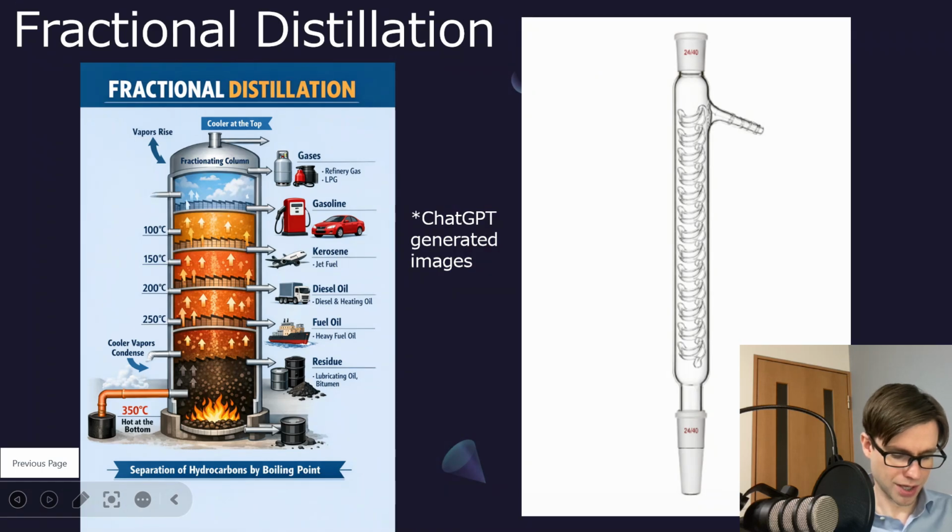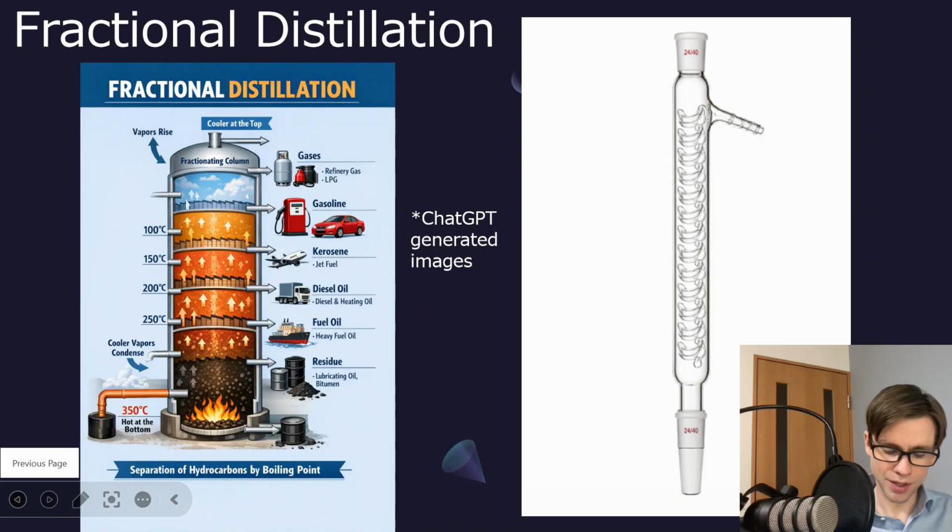Now, building this giant kind of contraption in every lab, like every university or high school lab, is not very practical, but we can use condensers that have a lot of surface area for condensing and boiling and recondensing to happen again and again.